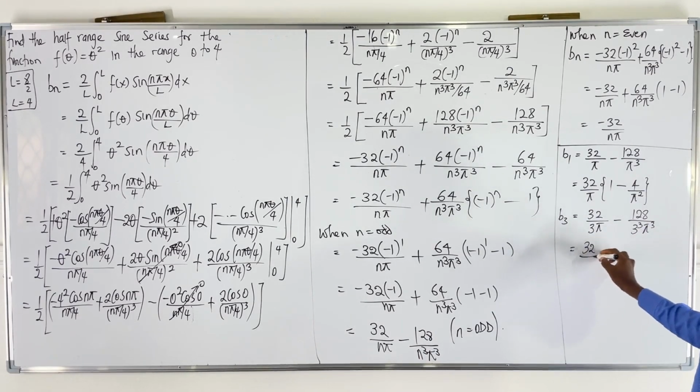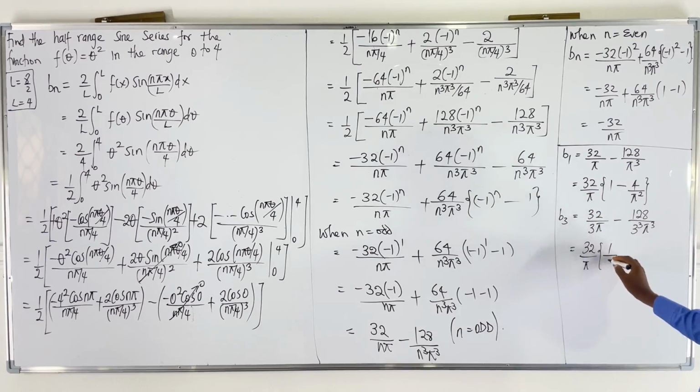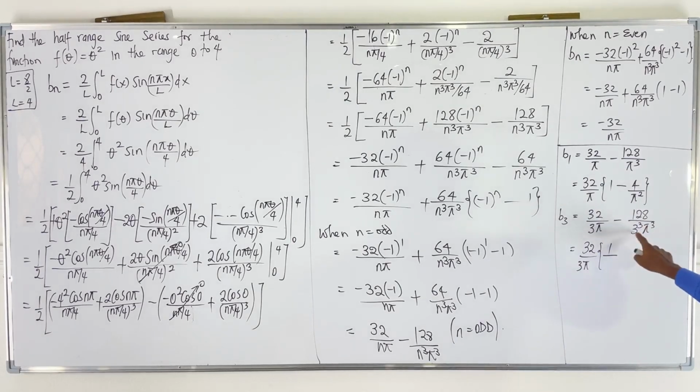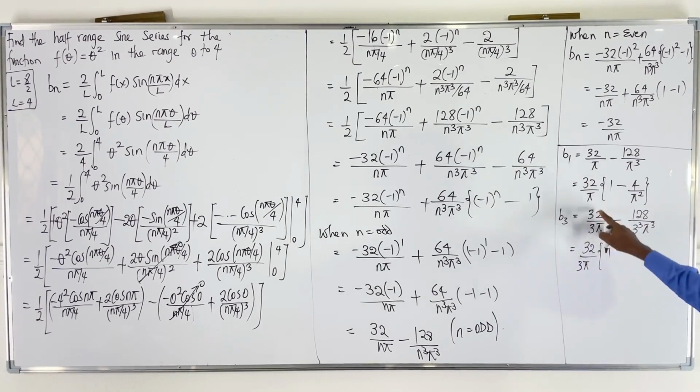So this is 32 over pi into, what will be left here will become 1 over, 32 over 3 pi will be common. Because this is 32. There's still 32 at the top. This is 3 pi. This is still 3 pi. So 1 will be what's remaining here. Since I'm bringing out everything here. Minus 128 over 32 is 4. Divided by what will be left here will then become 3 squared pi squared. So that's what I have.